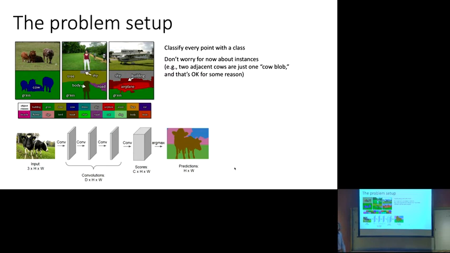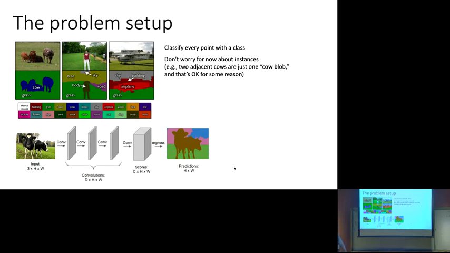You know how to make a classifier, and now you want to make a per-pixel classifier. So you could just replicate everything for every pixel. You could do it the completely dumb way, which is to simply have a separate neural net for every pixel, which would be insane.